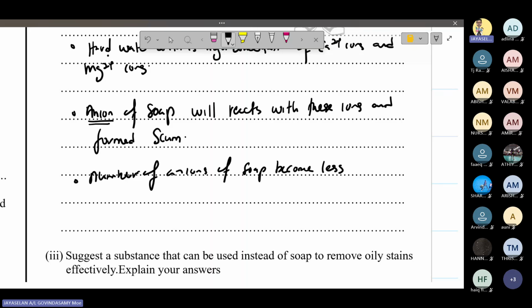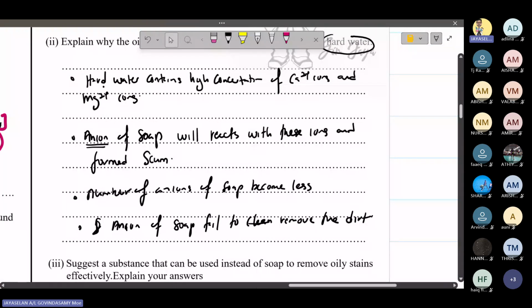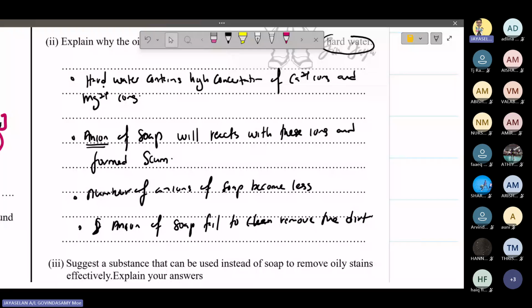The number of anions of soap in the solution becomes less, thus the anion of soap fails to clean or remove the dirt. That's all. Finish. Any question? No question. Okay, copy down this.